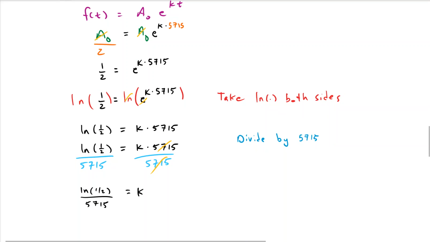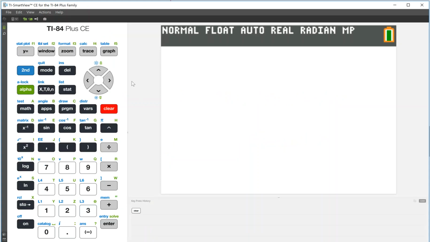Now, what is that going to be? Well, let's see. The natural log of 1/2 all divided by 5715.